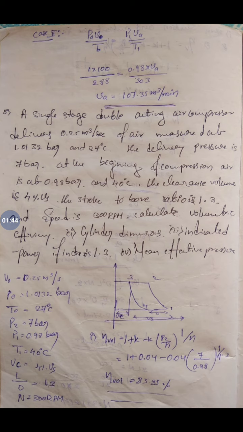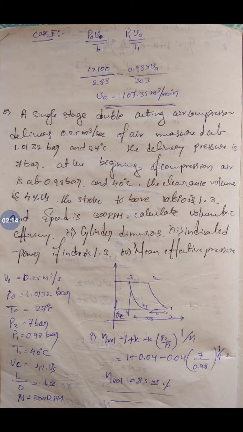With the help of this clearance ratio and the pressure ratio, that is P2 by P1, we can calculate the volumetric efficiency, that is 1 plus K minus K into P2 by P1 to the power of 1 by N. N, the index value, he has given as 1.3. Substituting that, we are going to get the volumetric efficiency as 85.85%.